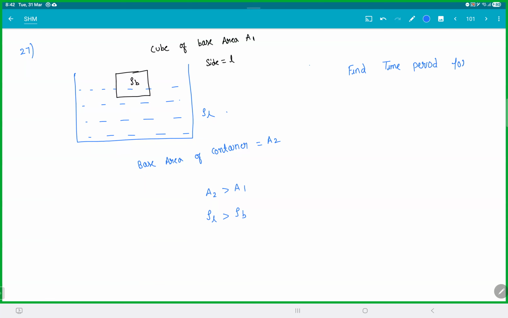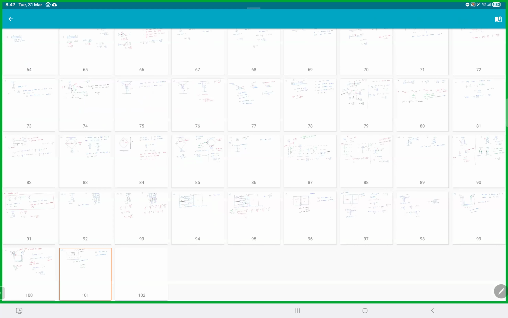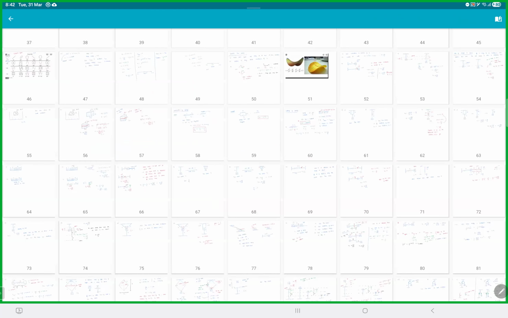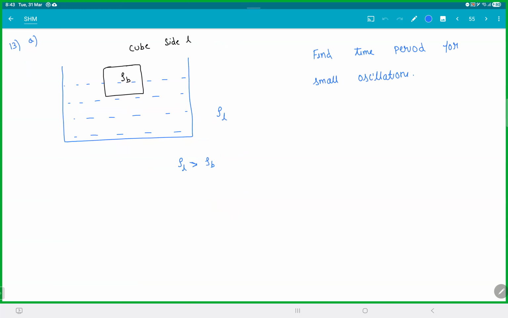Now, if you remember, I showed you this as an example problem, but here I modified something. If you guys remember, this was the problem, right, which we did, the first one. Find the time period of oscillations. Here, I didn't talk about area and nothing.